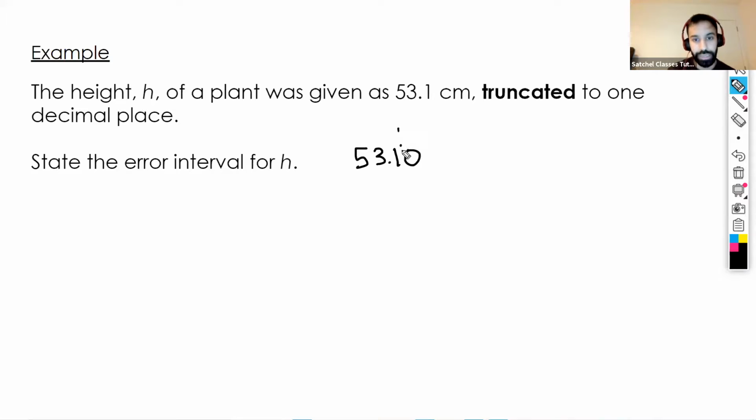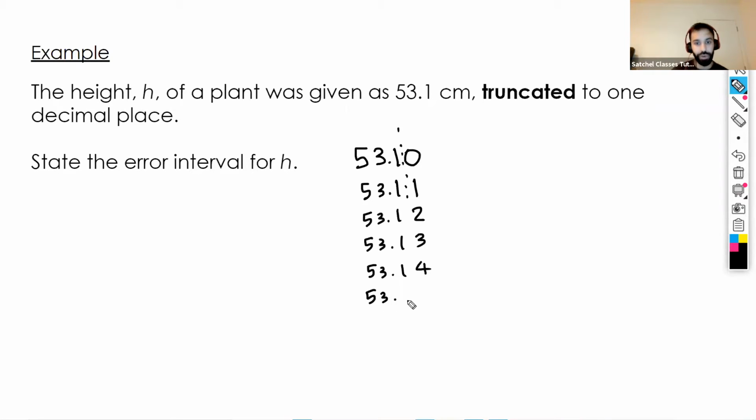We can truncate this to 1 decimal place and we'll get 53.1. The height could have been 53.11. Again, if we truncate this number, we would get 53.1. It could have been 53.12. Could have been 53.13. It could have been 53.14.